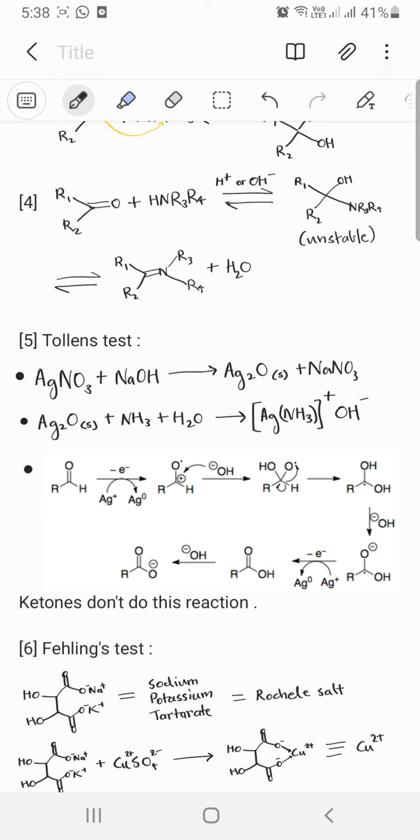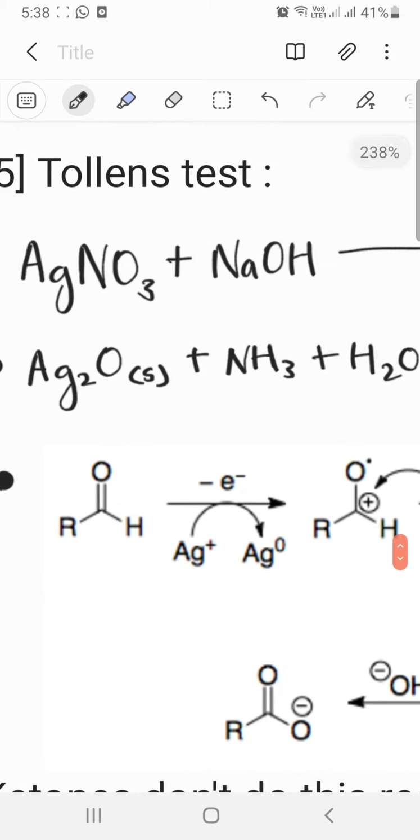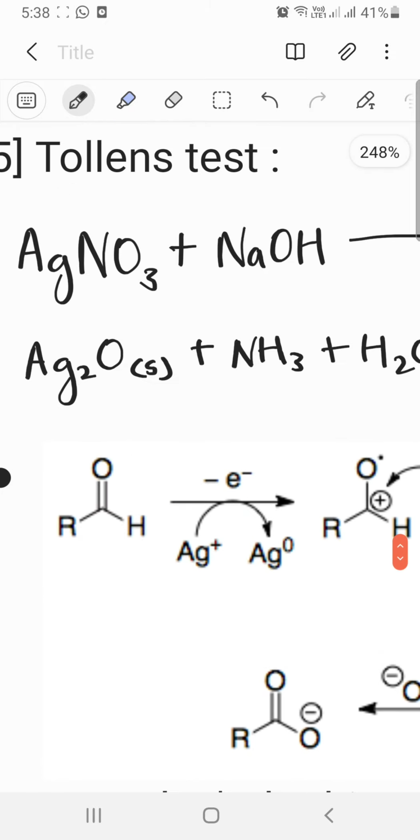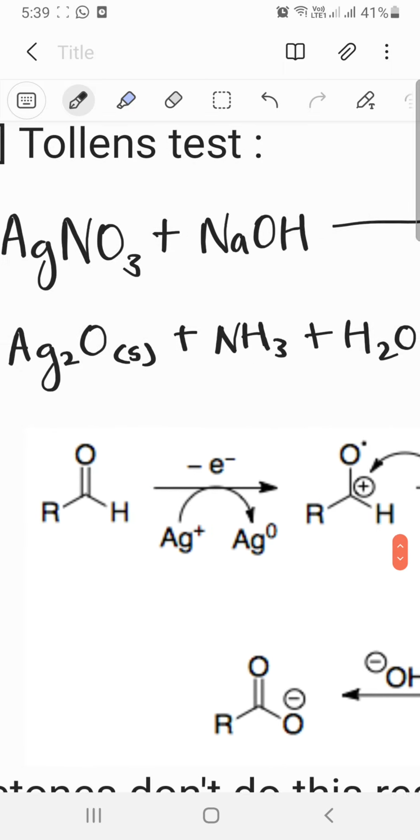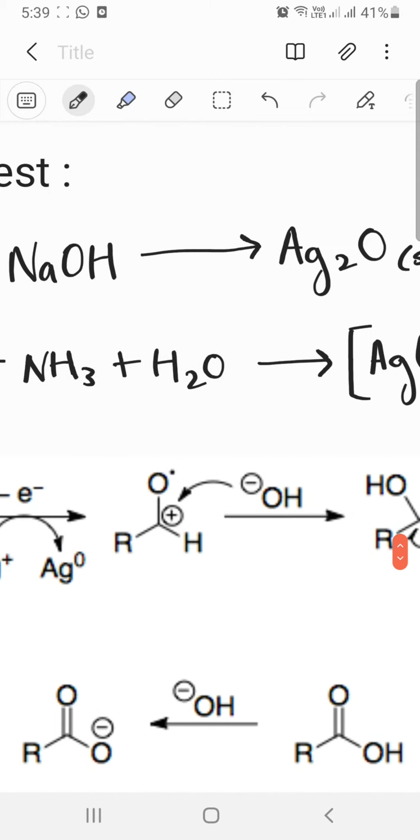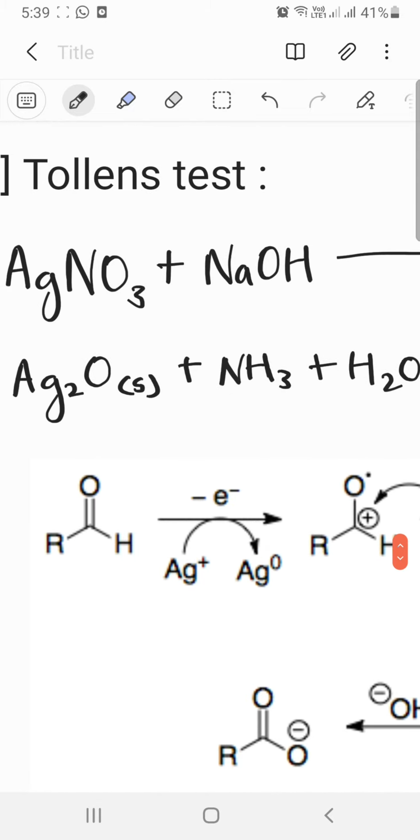So the whole thing is just the Ag over there. Fine. So what's happening is you have an aldehyde. Ag plus is converting to Ag0, which is silver metal, right? By a gain of the electron. This species is converted to this. So the Ag plus just gets an electron from this, right?